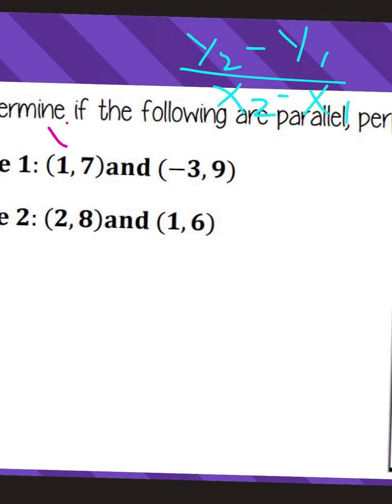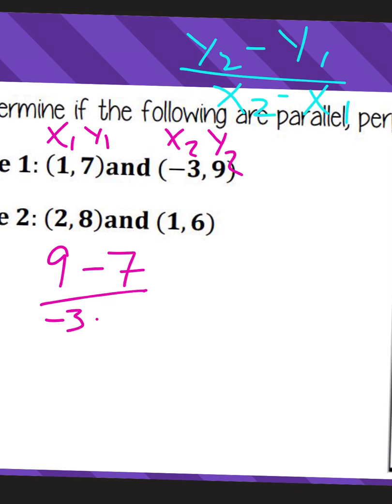Label your points, x1, y1, x2, y2. All right, so give me the actual formula with the numbers plugged in. 9 minus 7 over negative 3 minus 1.